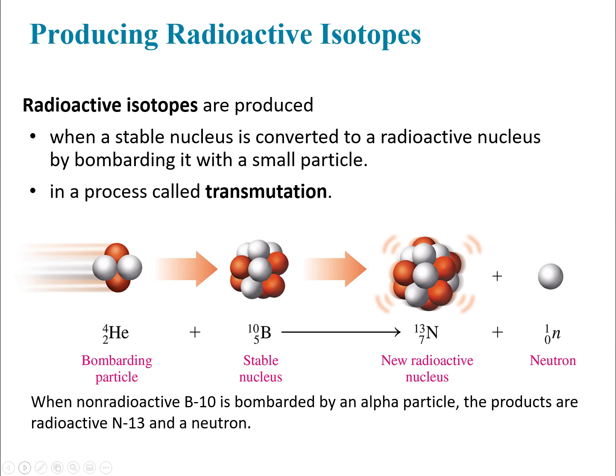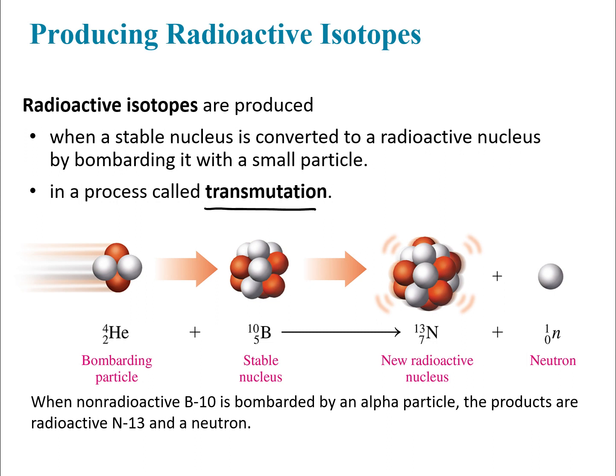So we can produce radioactive isotopes. You can take a stable nucleus that's all happy and fine on its own, and then bam, you hit it with a small particle. Then you make a new radioactive nucleus, and you might release some energy or make another particle. That process is called transmutation. The example shown is you have a stable nucleus of boron.